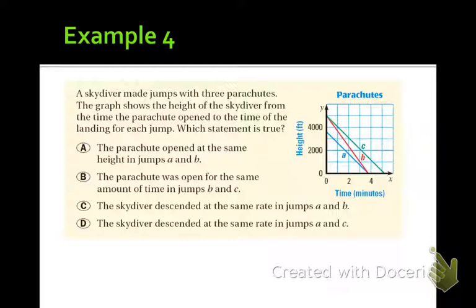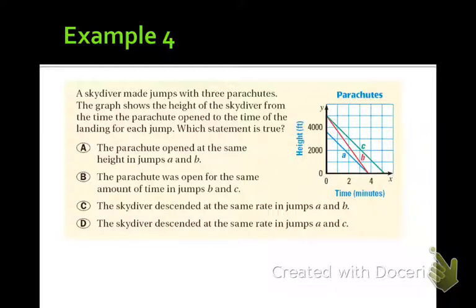The parachute was open for the same amount of time in jumps B and C. B ends at around 4 seconds, C ends around 5 seconds. So that's not true. The skydiver descended at the same rate in jumps A and B. The slopes of the lines are different, so they're not the same rate.